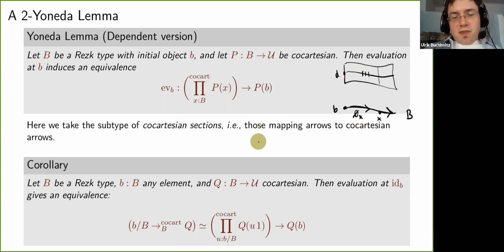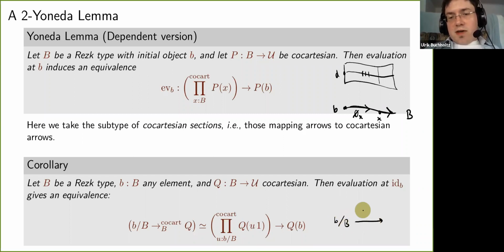Okay. And then from that, you can derive a corollary that is a non-dependent version, where you just take any element in a rest type and have a co-Cartesian family over B, and you get that evaluation at the identity at B gives an equivalence here, where you look at co-Cartesian sections of Q composed with the endpoint.